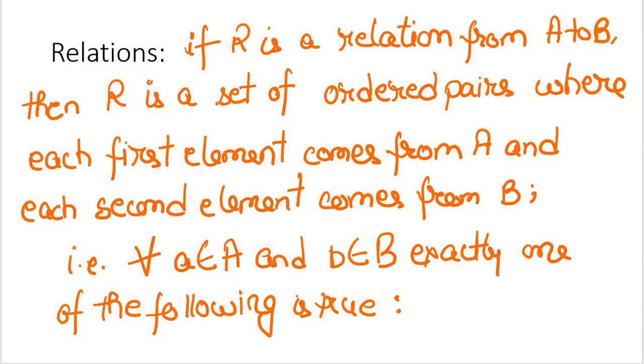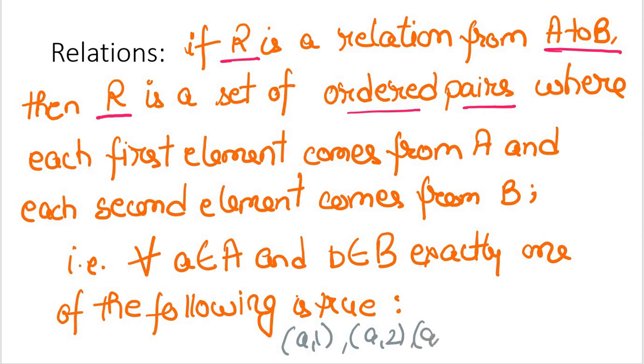See, first of all, I got to know that R is a relation from A to B. Now R will be having something in the form of ordered pairs. That means something like (a, b), or let's say (a, 1), (a, 2), (a, 3), and so on.